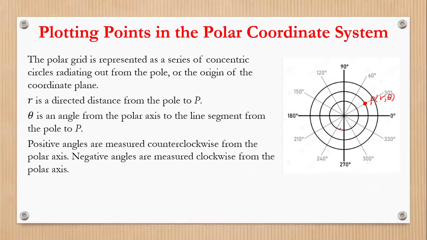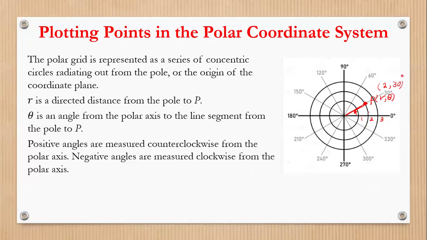So the first circle means r is 1, the second circle is when r is 2, the third circle is when r is 3. Since the point right now is on the second circle, that means r must be 2. And theta, which is the angle between the x-axis and this ray, for this point, the angle is 30 degrees.